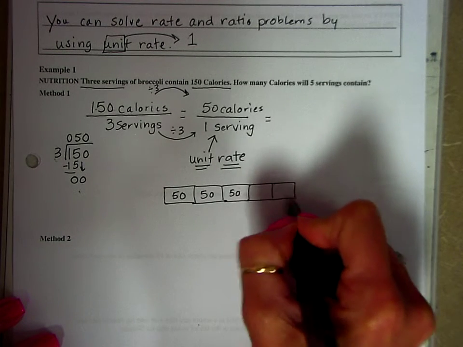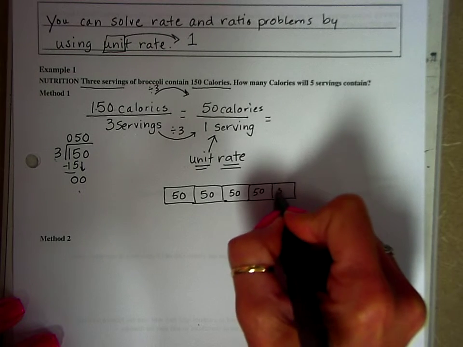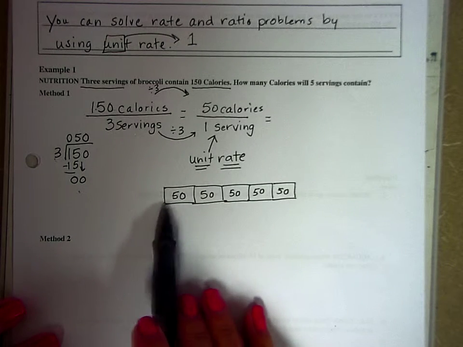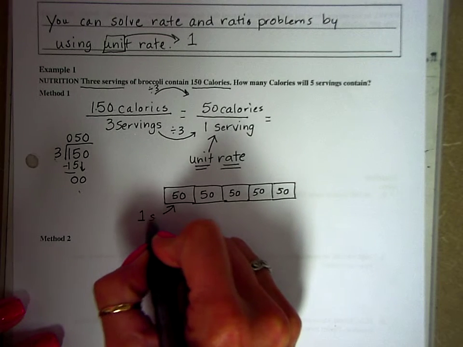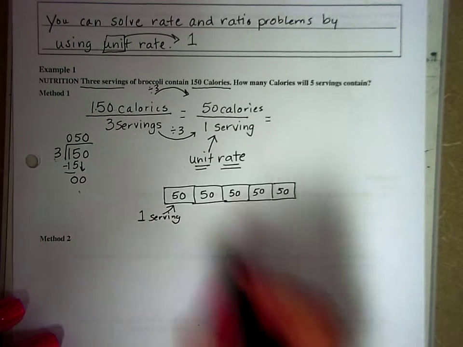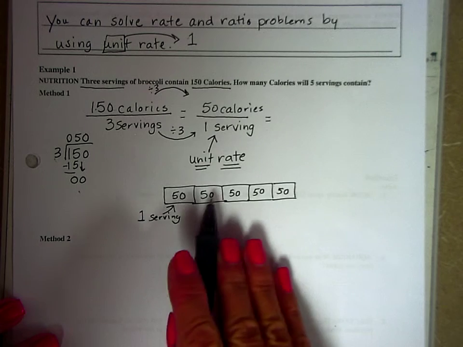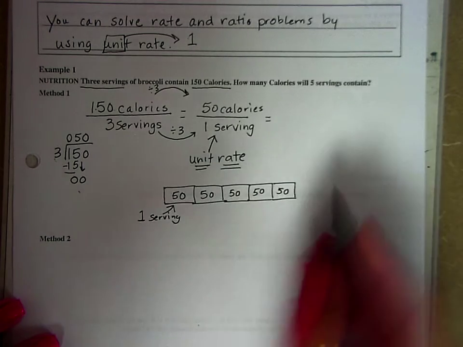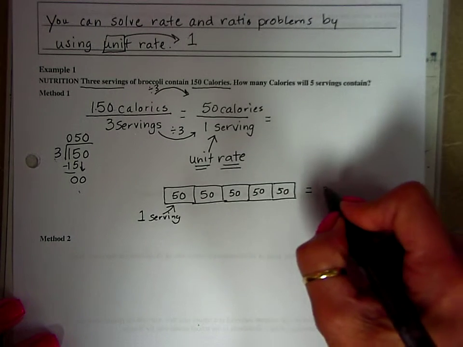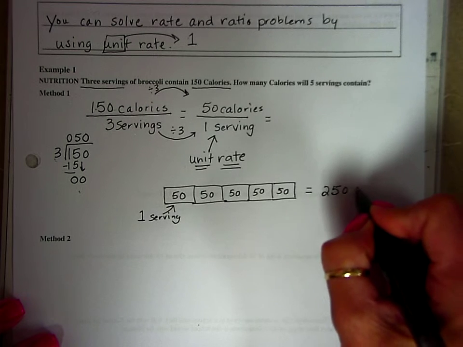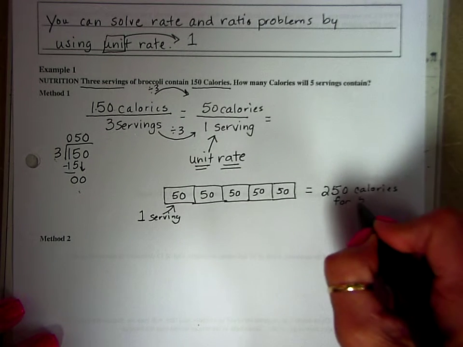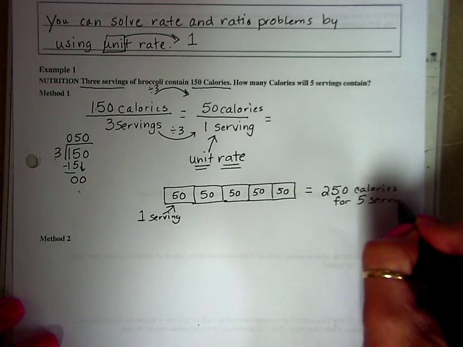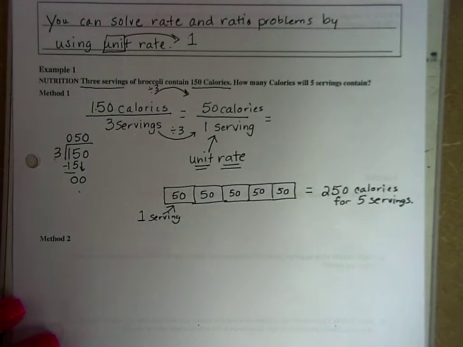Because I want to know how many calories 5 servings has. If 1 serving, let's write that. 1 serving has 50 calories, and each one of those represents 1 serving. You can easily see that this is going to end up being 250 calories for 5 servings.